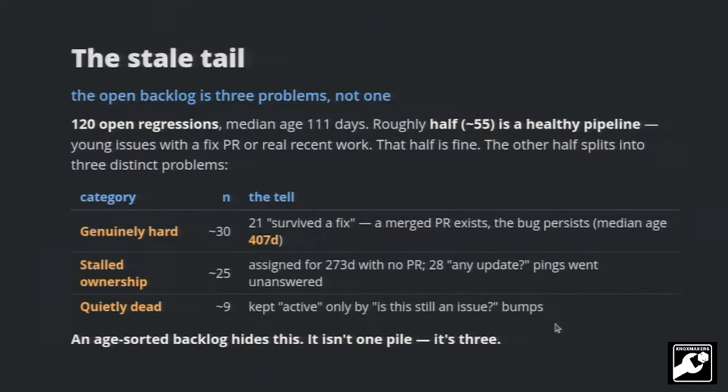Then there is the ones that are called genuinely hard. And these are interesting because of the 30 that fall into that category, 21 of them have a very unique pattern where somebody worked on it, submitted a pull request, somebody reviewed the work, and said, didn't fix the problem, or fixed it but not completely.